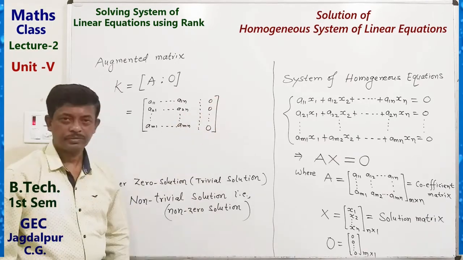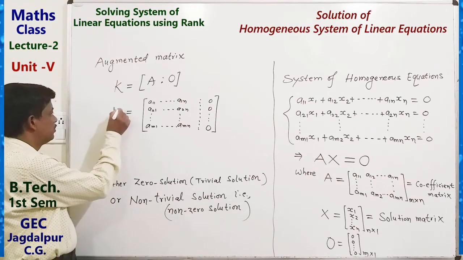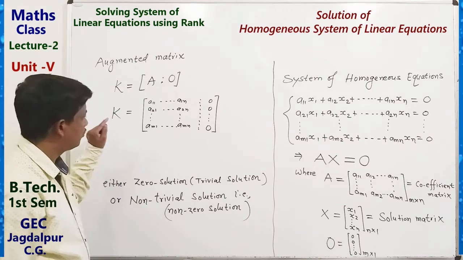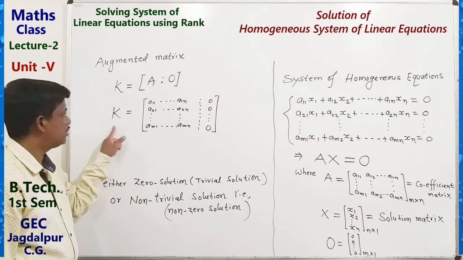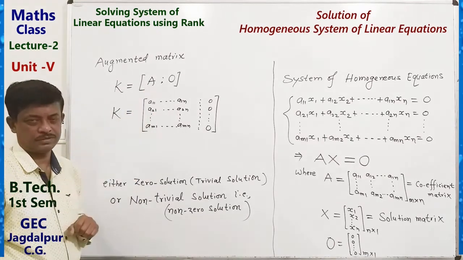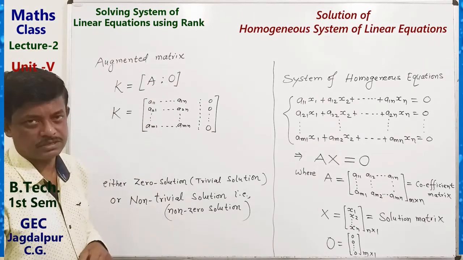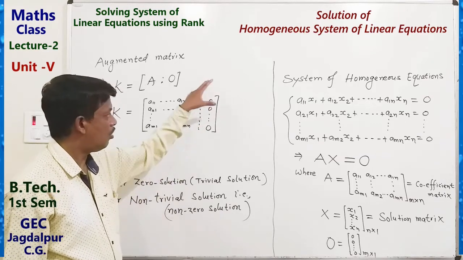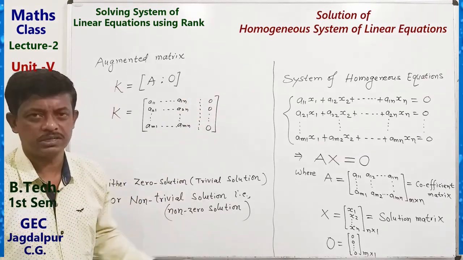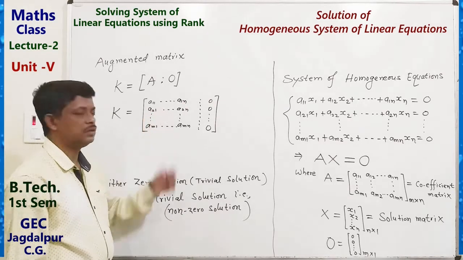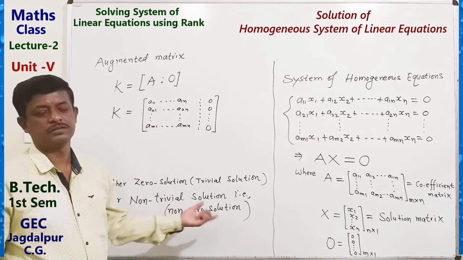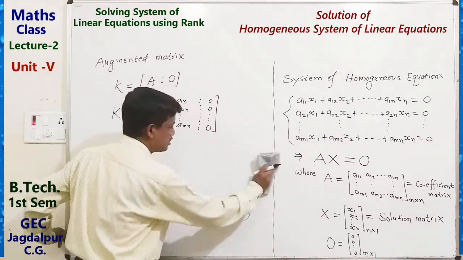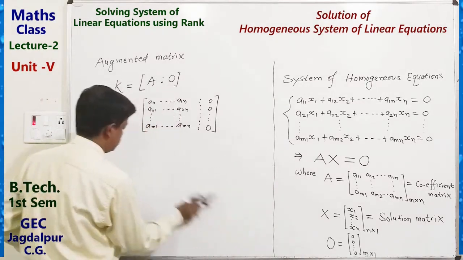This is the augmented matrix. According to Rouche's theorem, if the ranks of the augmented matrix and the coefficient matrix are equal, then the system is consistent. Since this column has all 0, the rank of A is always equal to the rank of K, so the system is always consistent.